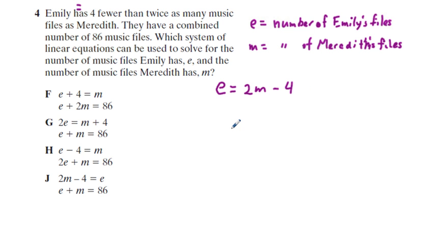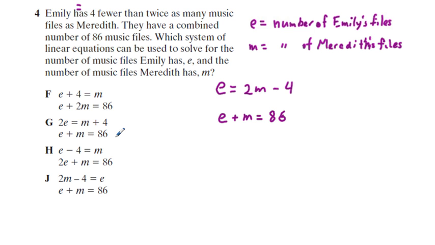That's how many Emily has. And they have a combined number of 86 music files. So that would be Emily's files plus Meredith's files, equal to 86. And these should be our two equations. The tough one is this 4 fewer thing. You got to put minus 4. I guess you could put negative 4 plus 2m and get the same thing.